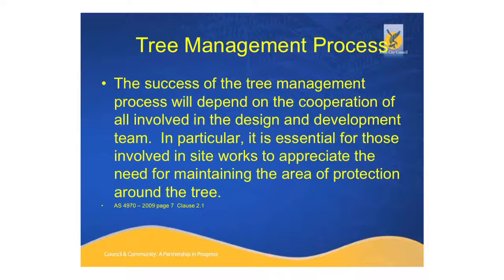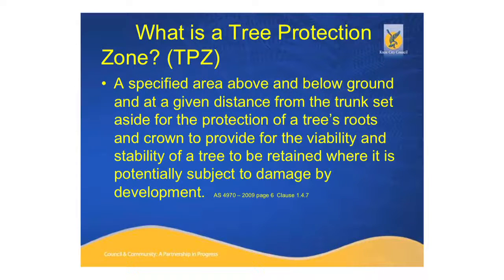There's a common language there, and I think it's really important that as arborists we pull together to try and protect trees, where it's warranted. So this is on page 7, and this is the opening clause of the tree management process. What is a tree protection zone?